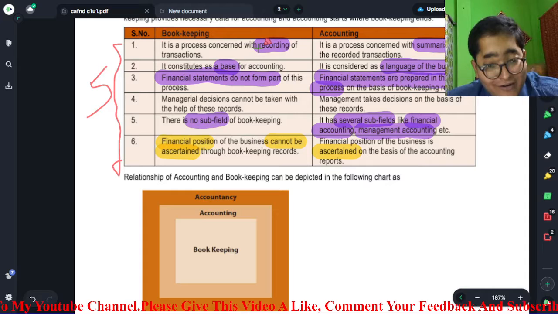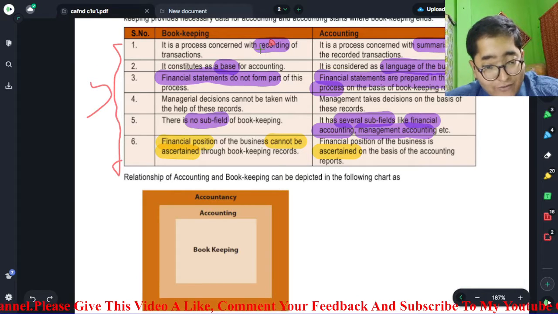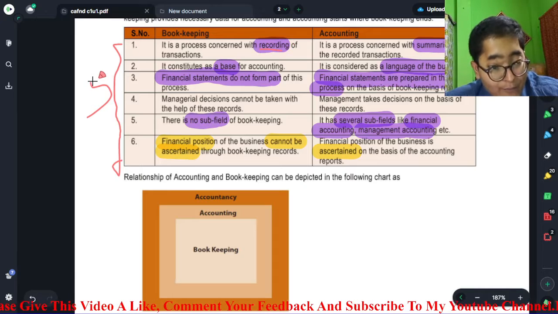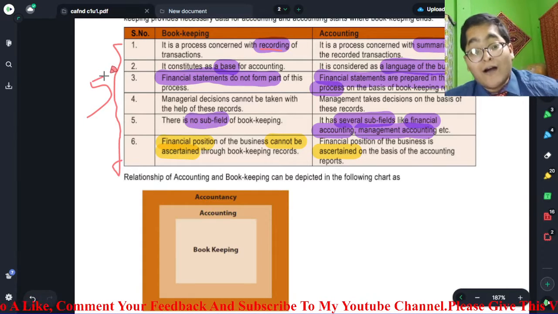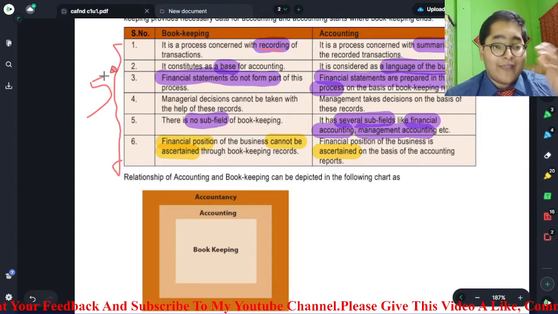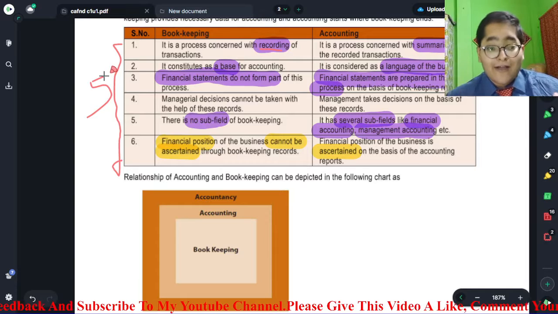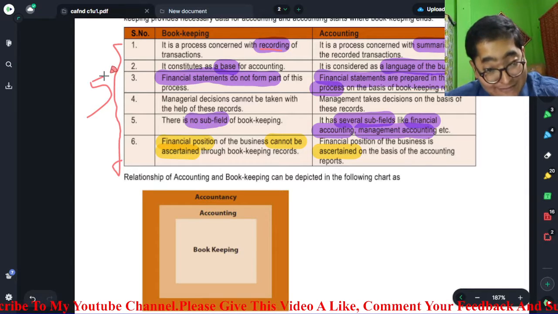You need to remember only these keywords. Bookkeeping is concerned with recording. Accounting is concerned with summarizing. Recording, bookkeeping; summarizing, accounting. Then bookkeeping constitutes the base.